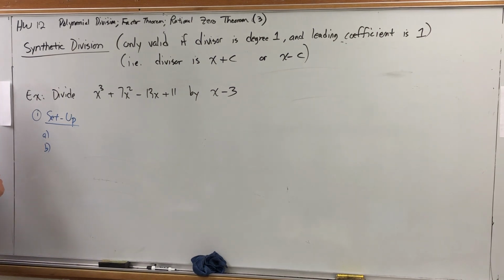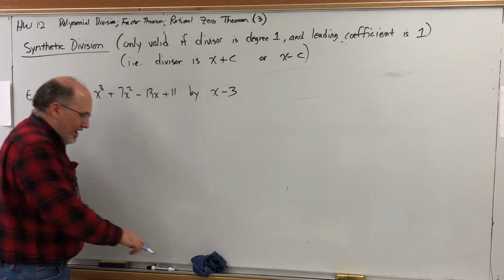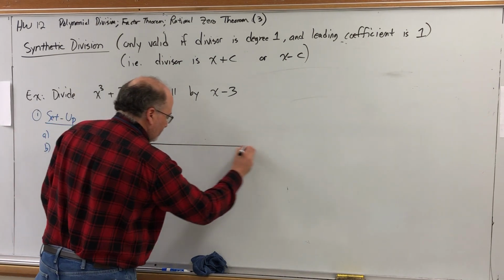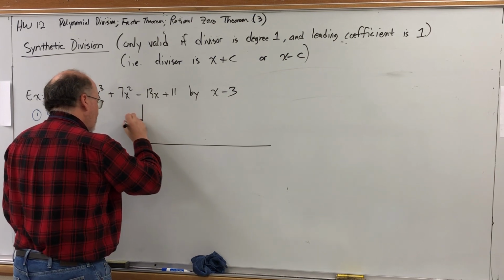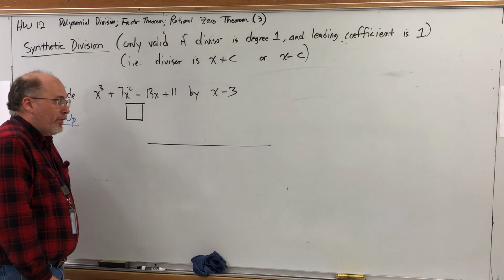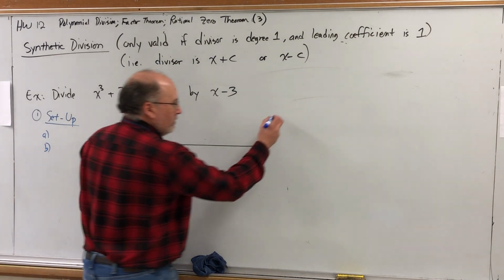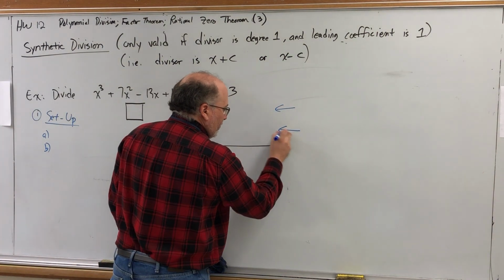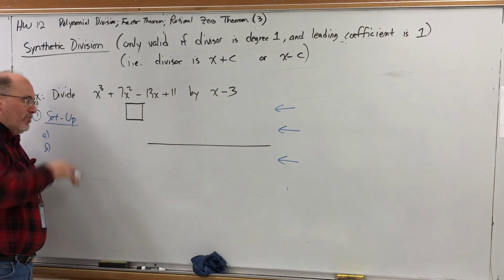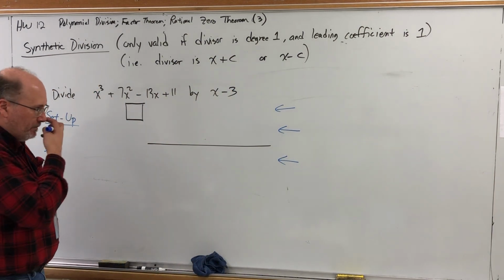Now, before I give you those 2 parts, let me describe how it's going to look when it's all said and done. Synthetic division is going to be 3 rows of numbers. The top 2 rows are going to be separated from the third row with a horizontal line, almost as if we were setting up a big addition problem.